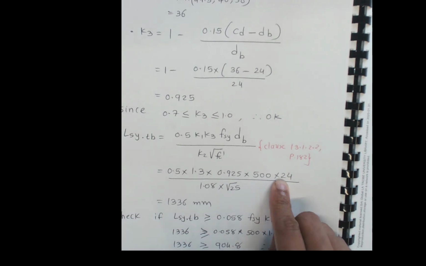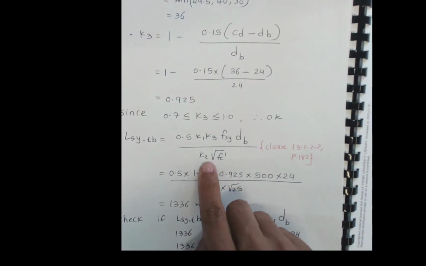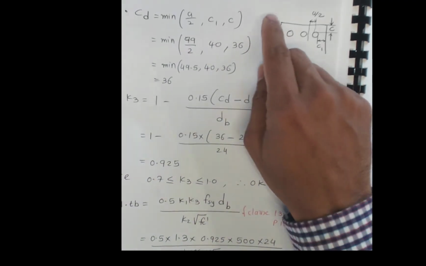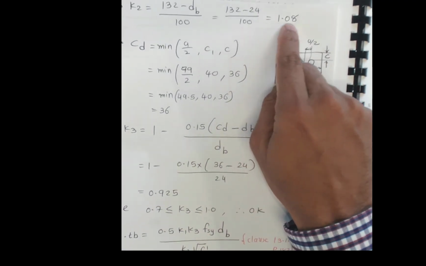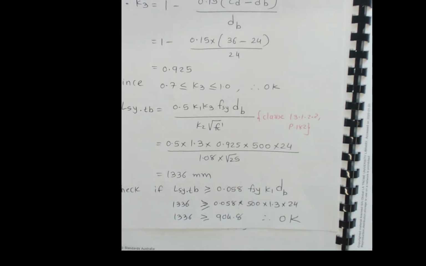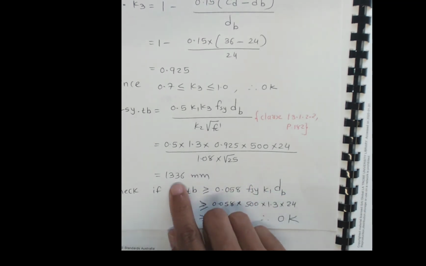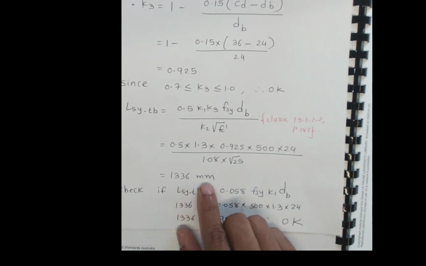Diameter of the reinforcement 24 given in the question, divided by K2. K2 we found here 1.08. Substitute here, the characteristic compressive strength fc is given in the question, 25. Simplification gives 1336 millimeters.